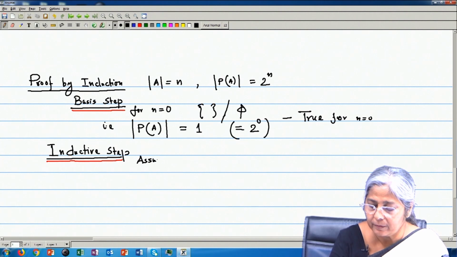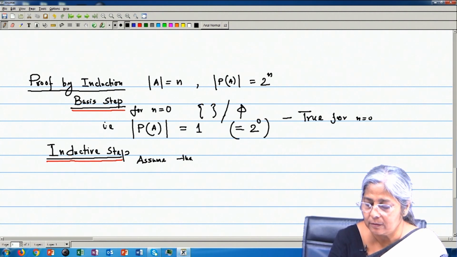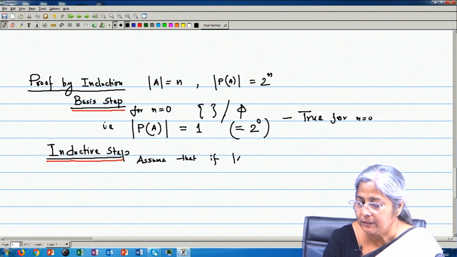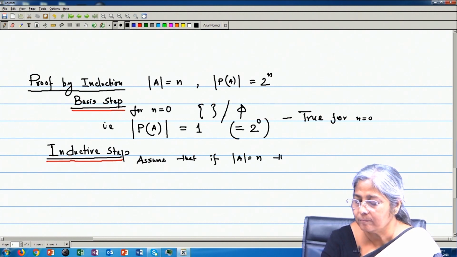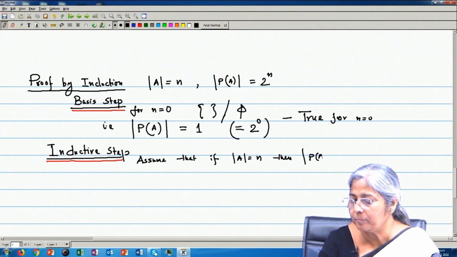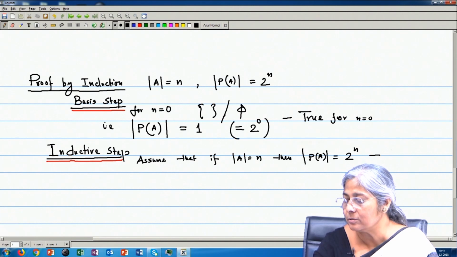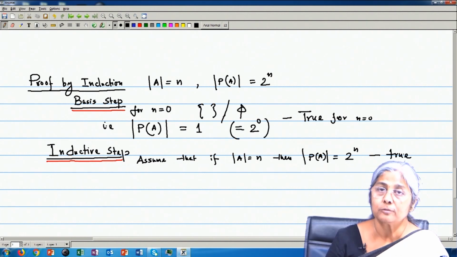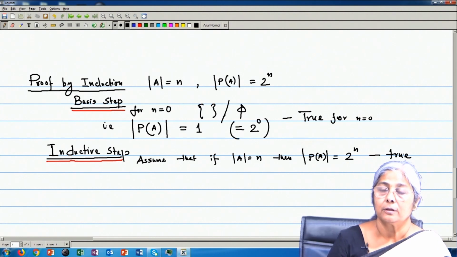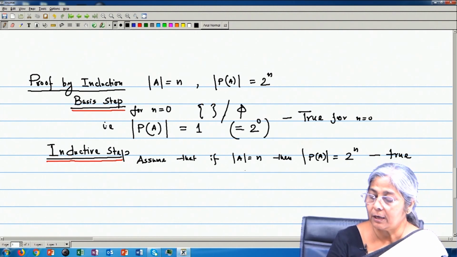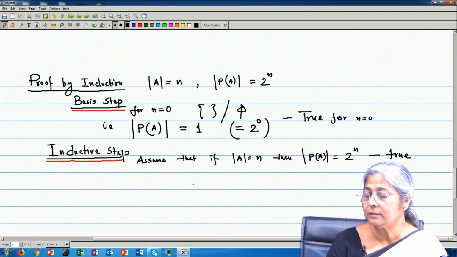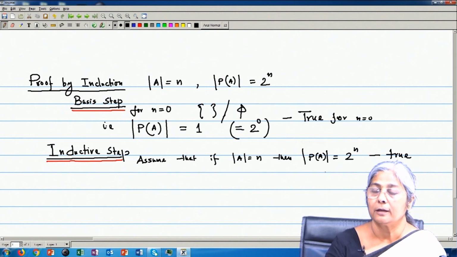So, assume that if the cardinality of A equals n, then the cardinality of P A is 2 to the power n, this is true. So, we have to prove that if the cardinality of A is n plus 1, then the cardinality of the power set is 2 to the power n plus 1, and then according to the principle of mathematical induction it is proved.